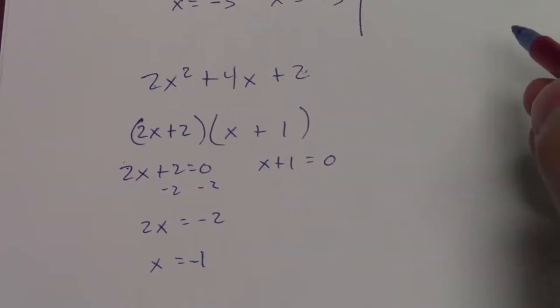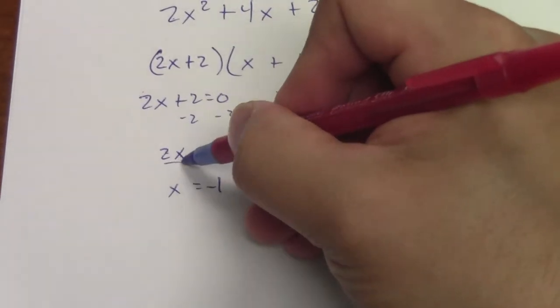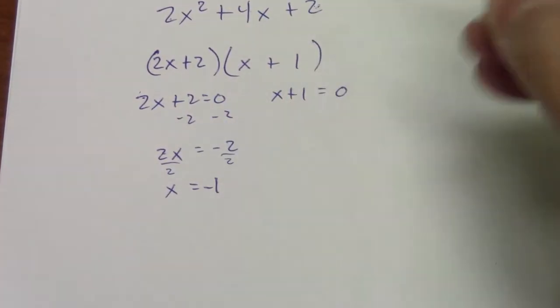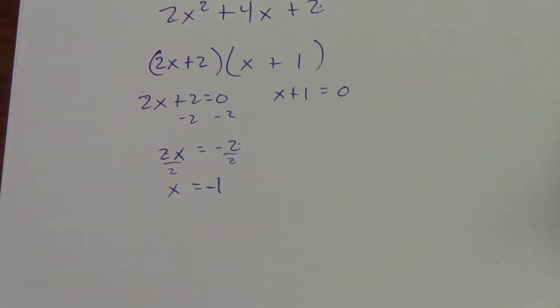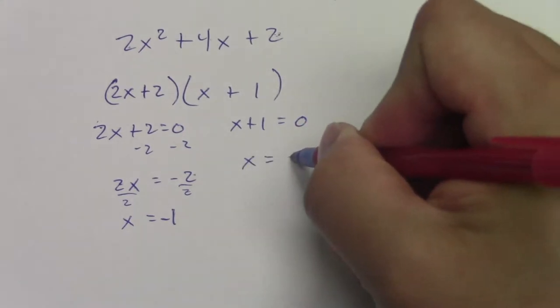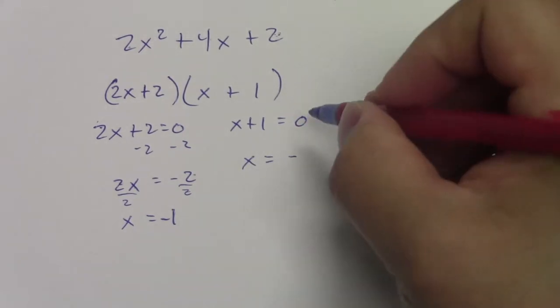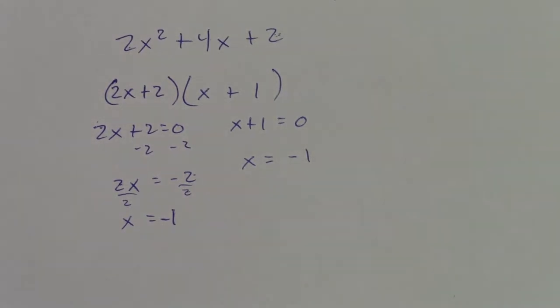Remember, to get rid of this 2 from this x, I got to divide on both sides. So I divide on both sides. 2 divided into -2 gives me -1. All right, on this side, I have x is equal to -1 also. And that's it.